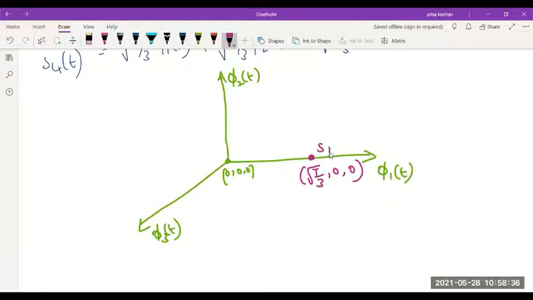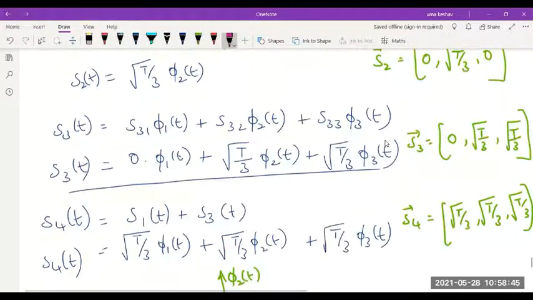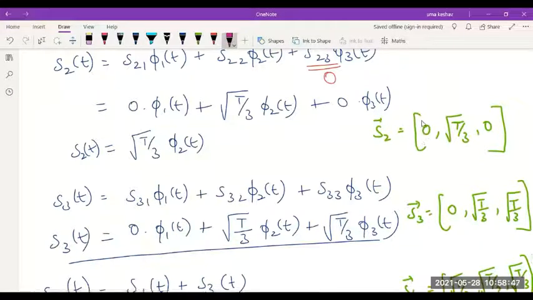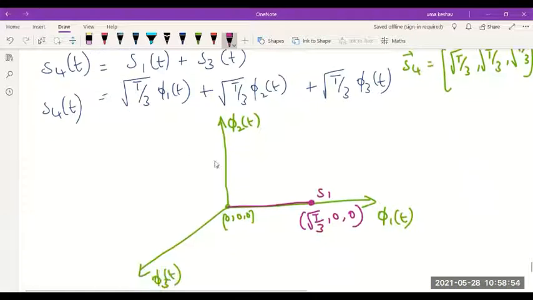So directly this gives your signal vector S1, the first point. What about S2? S2 exists only in phi 2 and it is 0 in the other two. So S2 will be here. Its value is 0, root t by 3, 0. This is S2. Correct?